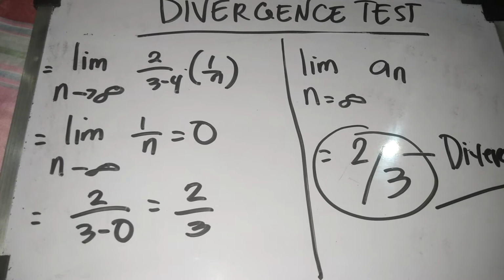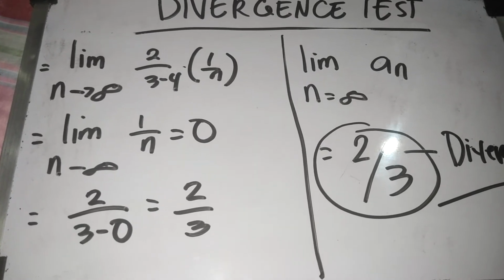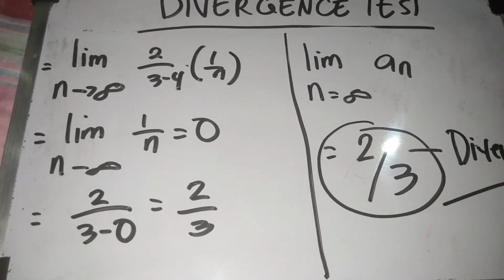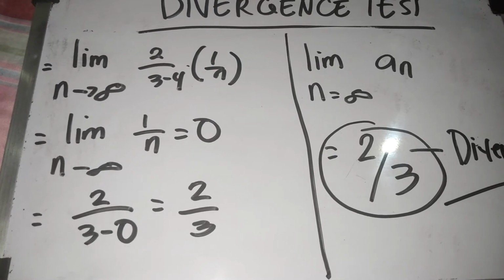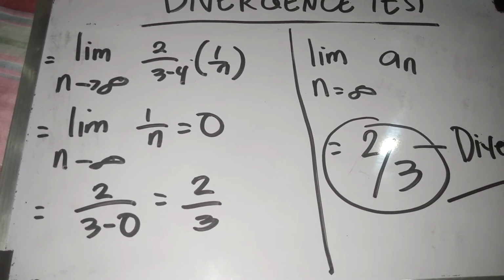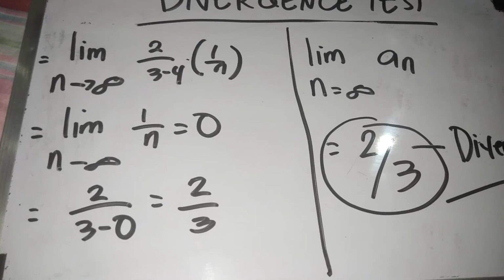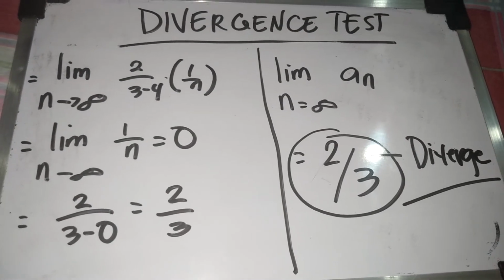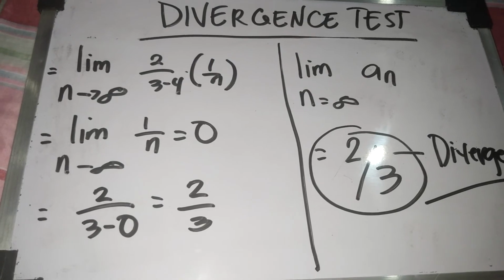The sum will never converge to a finite value. It's just going to keep going up to infinity, and therefore we can say that the series diverges.